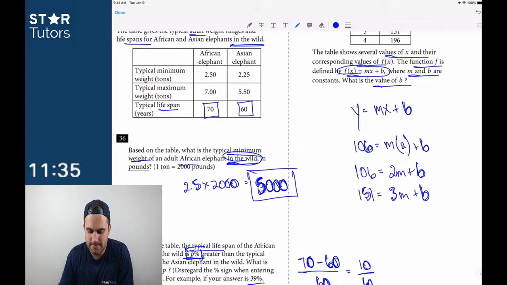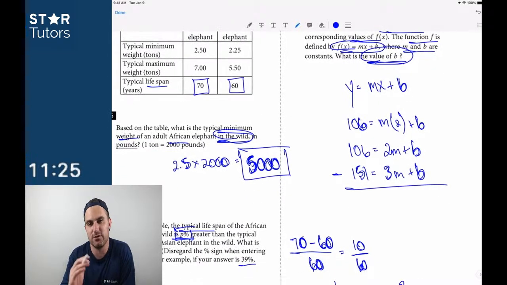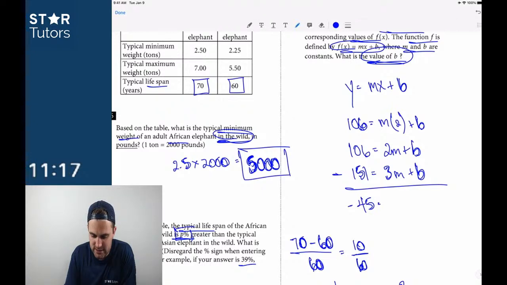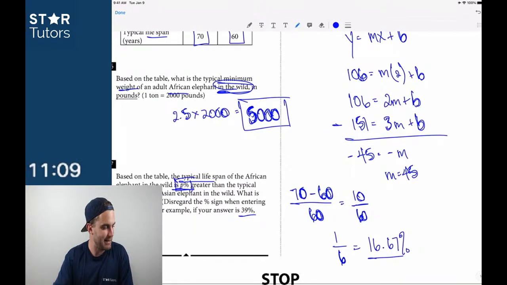I'm going to actually solve for m here because I think it's going to be easier. I'm going to subtract these down and get rid of the b. I know we're solving for b, but I still think it's easier to not have to do all the multiplication. So 106 minus 151 is negative 45, so negative 45 is equal to negative m. So m is equal to 45. That's the easier way. Even though it's another step, we don't have to multiply or add anything.